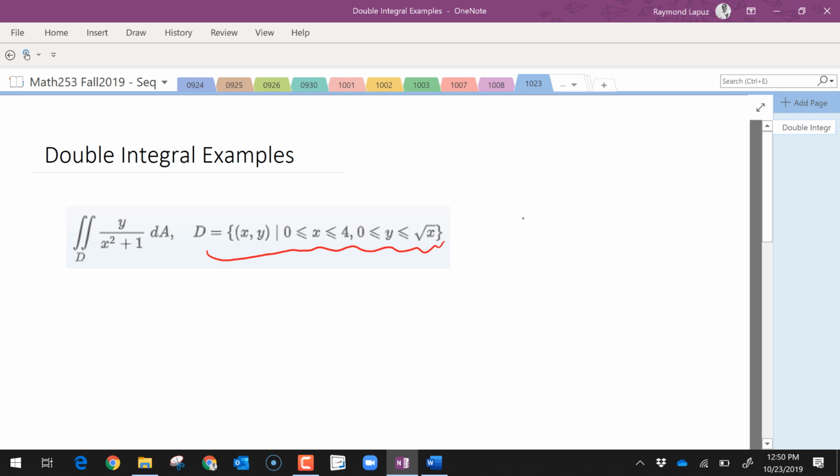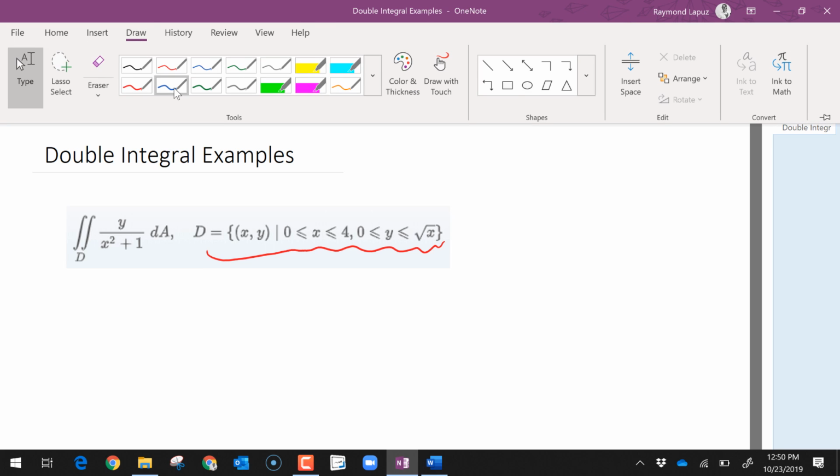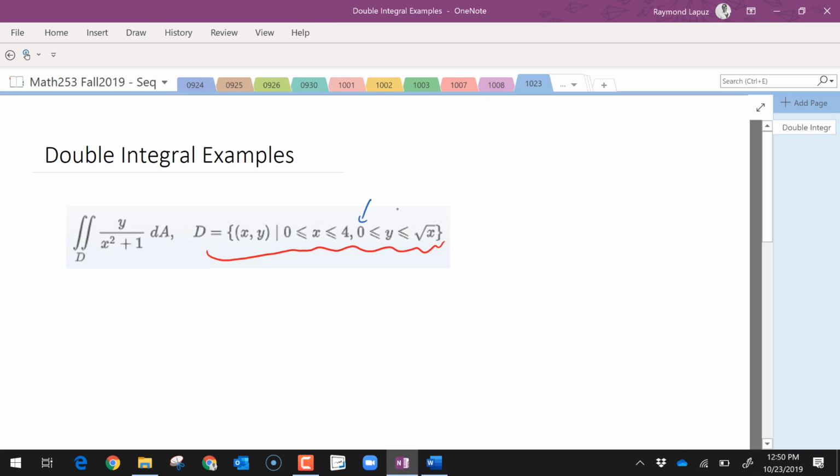And when I draw this, I would like to draw the functions first. I know you think of 0 as just a number, but it's a horizontal line function. So I have 2 functions, y is equal to 0 and y is equal to square root of x, that I would draw.